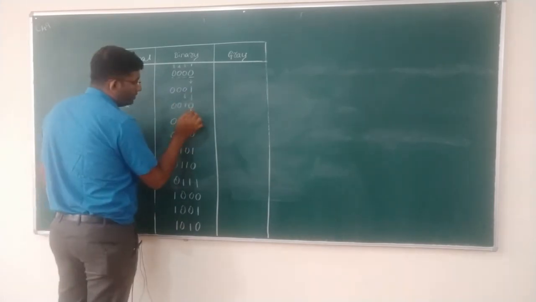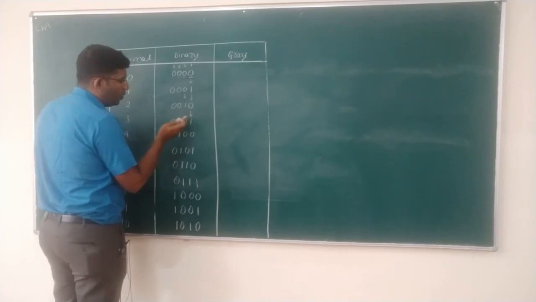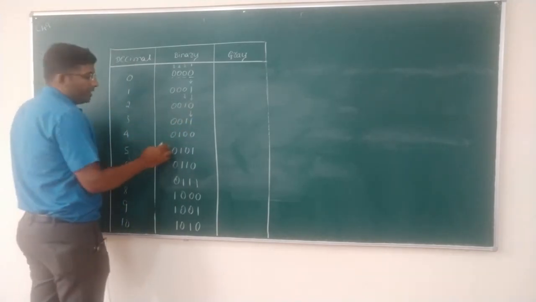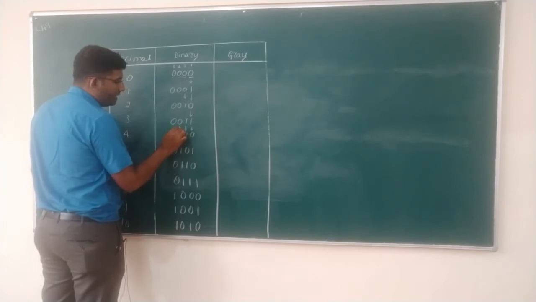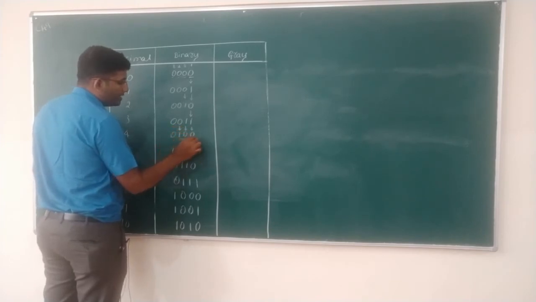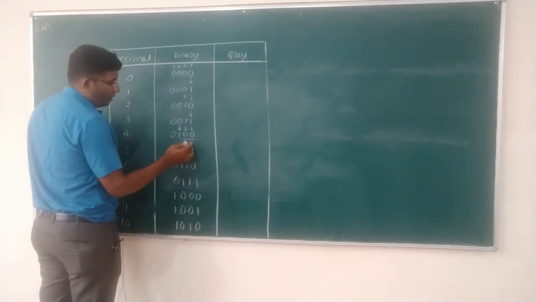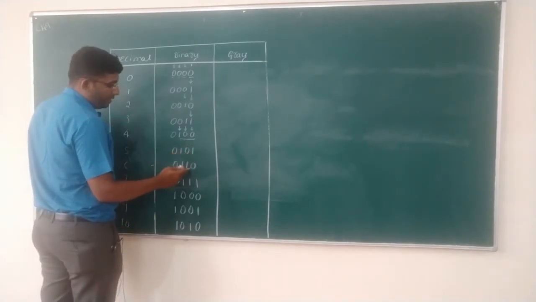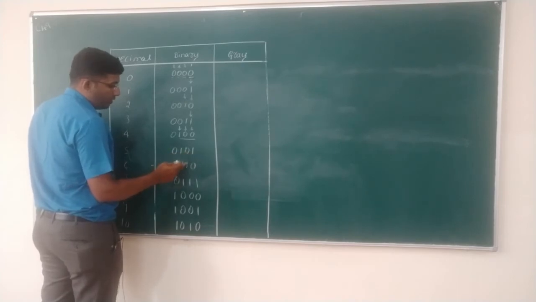Here also only 1 bit changes, 0 is changing to 1 and the rest remain the same. Here we are changing 1 into 0, 1 into 0, 0 into 1. Total 3 bits have been changed. Here only 1 bit has been changed. Here once again 2 bits are changing, 1 is changing to 0, 0 is changing to 1.